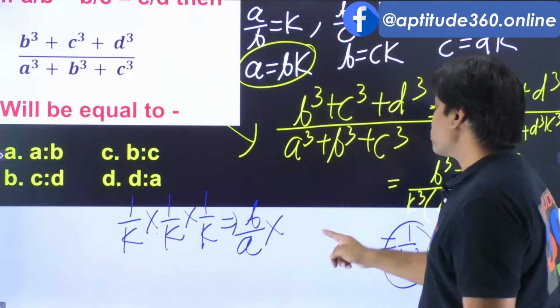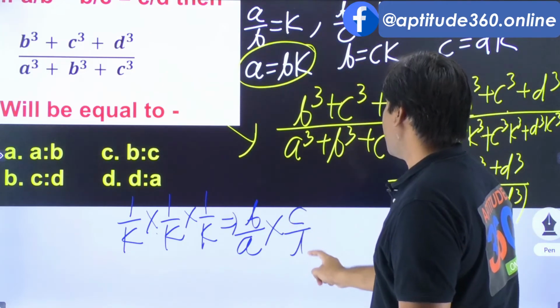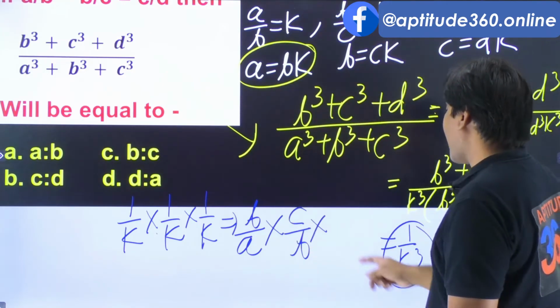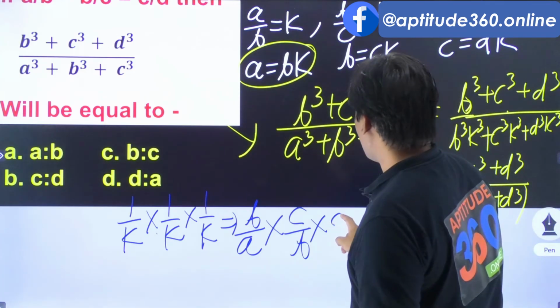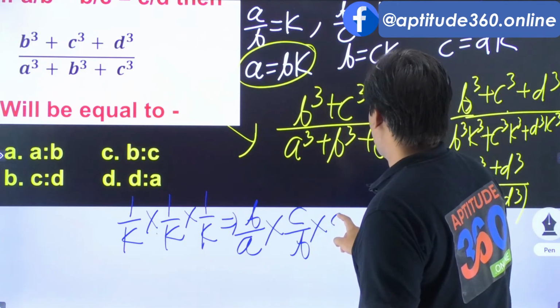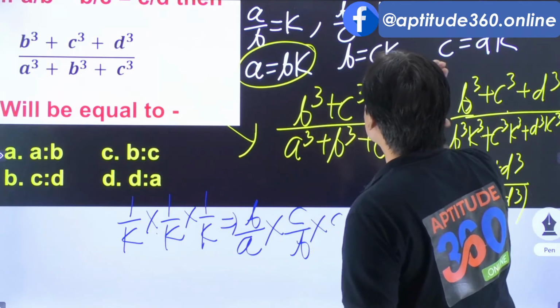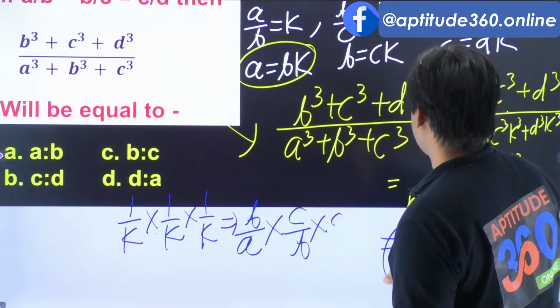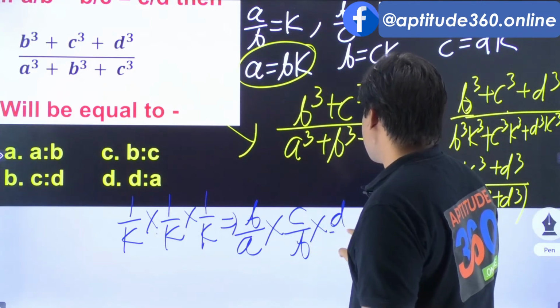In the second one it is going to be what? c by b. Why am I doing it? Because I want to, so this is going to be what? This is going to be d by c, right?